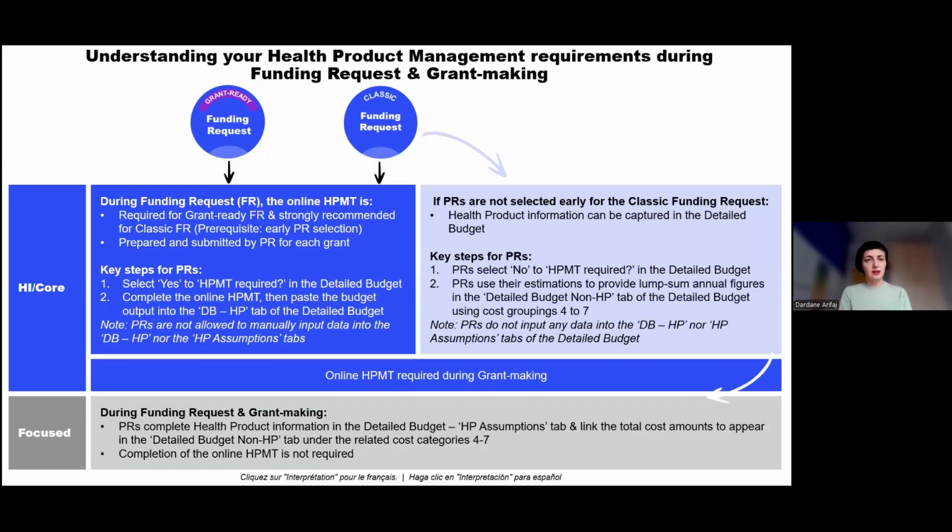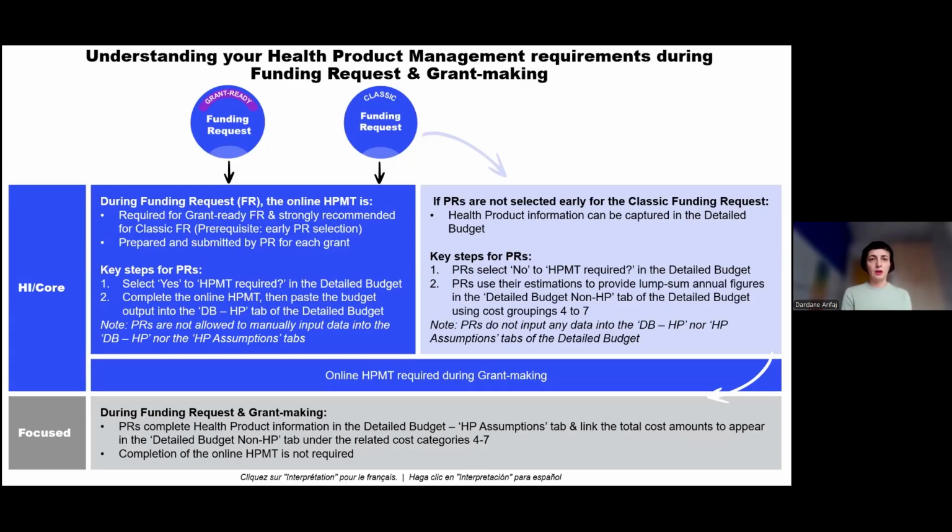Whereas for grant-ready submissions, this process is not needed, because they will go into the detailed budget, select HPMT required, yes, and then once they select yes, they will just have to upload the detailed budget that will be extracted from the HPMT, which is fully aligned with the detailed budget formatting, inserted into the detailed budget, and submitted.